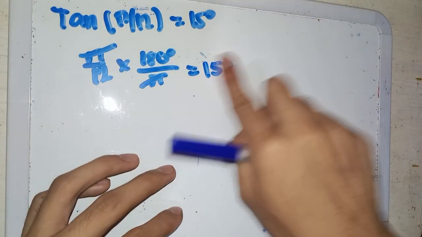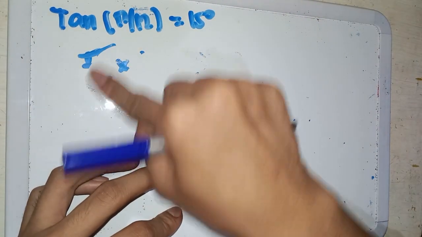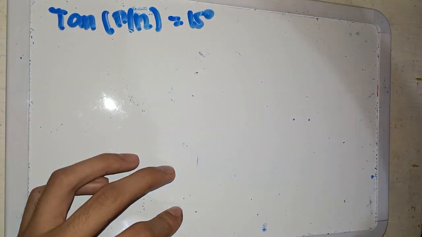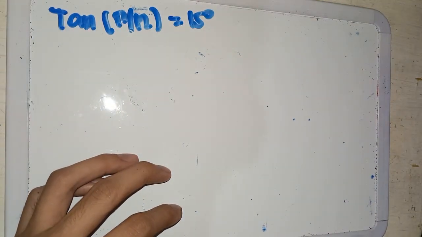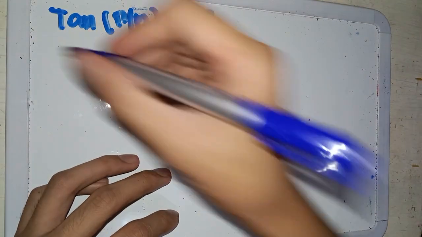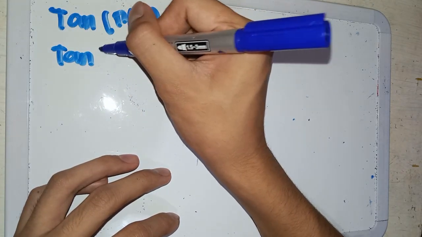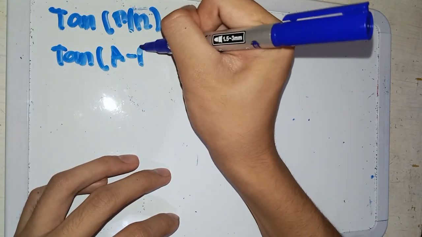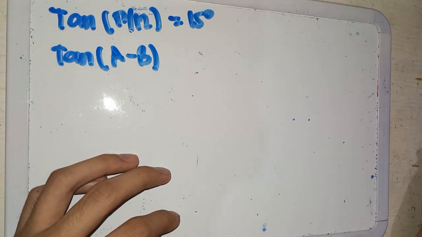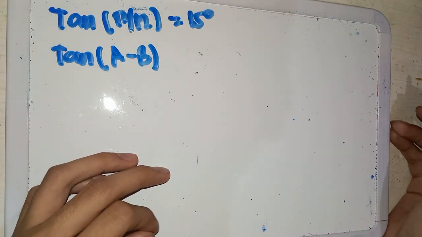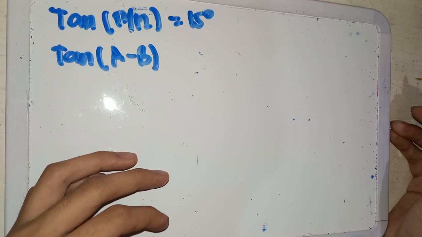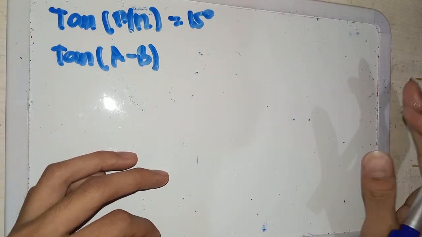I am going to erase this one. So we can use this formula, tan of A minus B, because 45 minus 30 is 15. So let's write the equation.